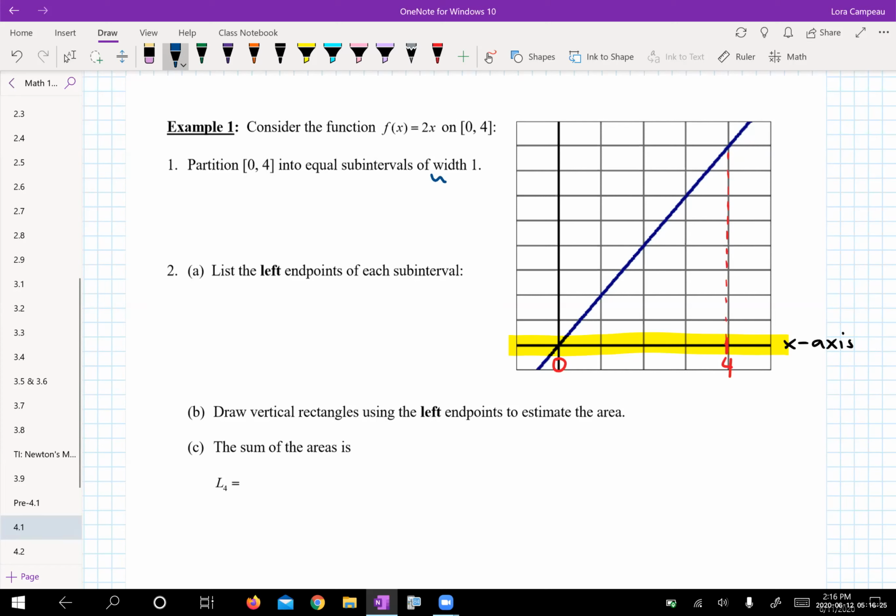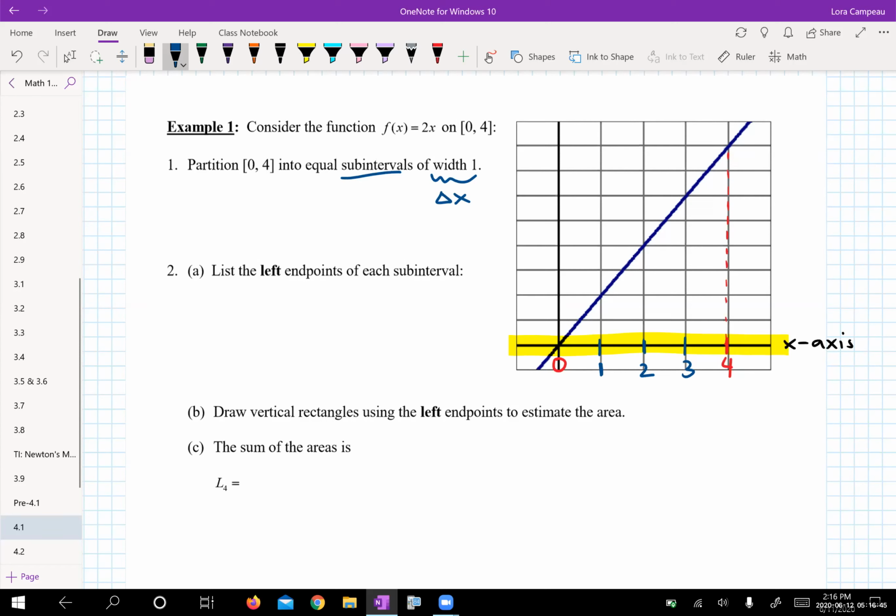So what are they trying to tell us? The width of the subintervals, that's delta x. If we break it up into subintervals of width 1, what do we have? We have a 1, a 2, and a 3 that we're labeling.